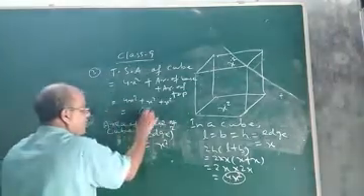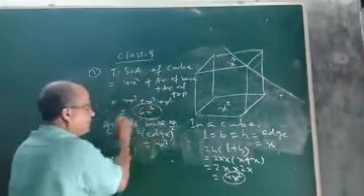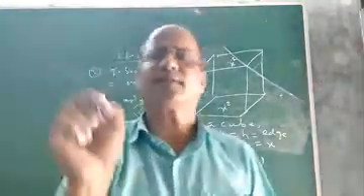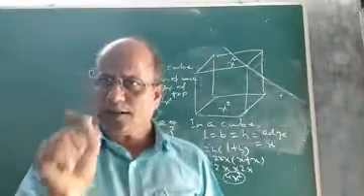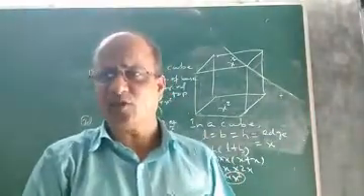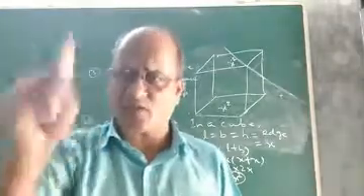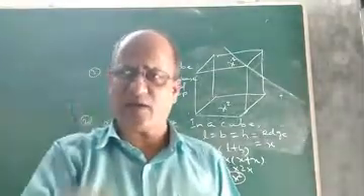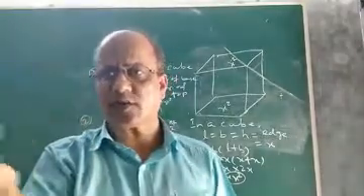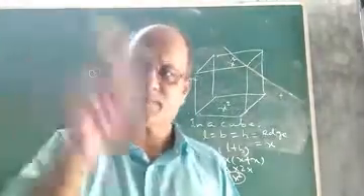It will be 6x square. This is the formula. 6x square means 6 into square of the edge. Or in simple language, as there are 6 plane surfaces in a cube and the area of each surface is x square, then total surface area of cube will be 6 into x square, because each surface is a square.